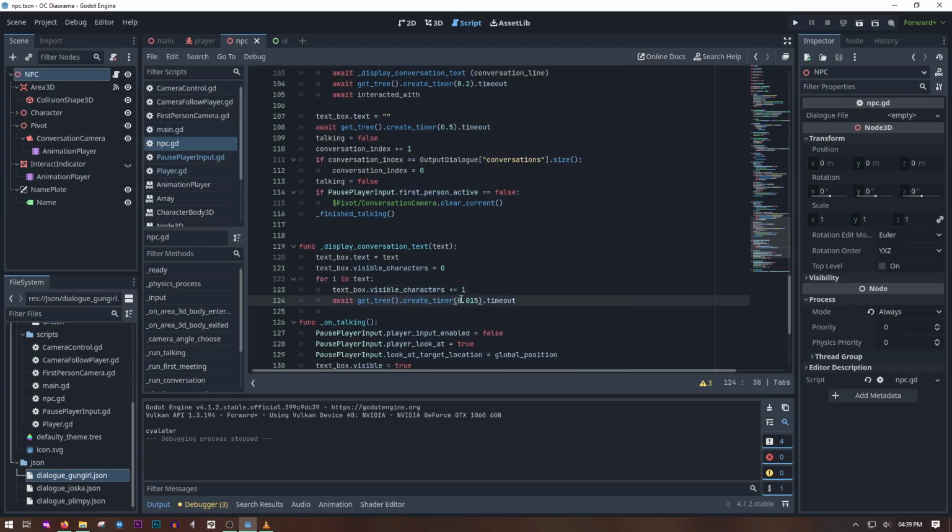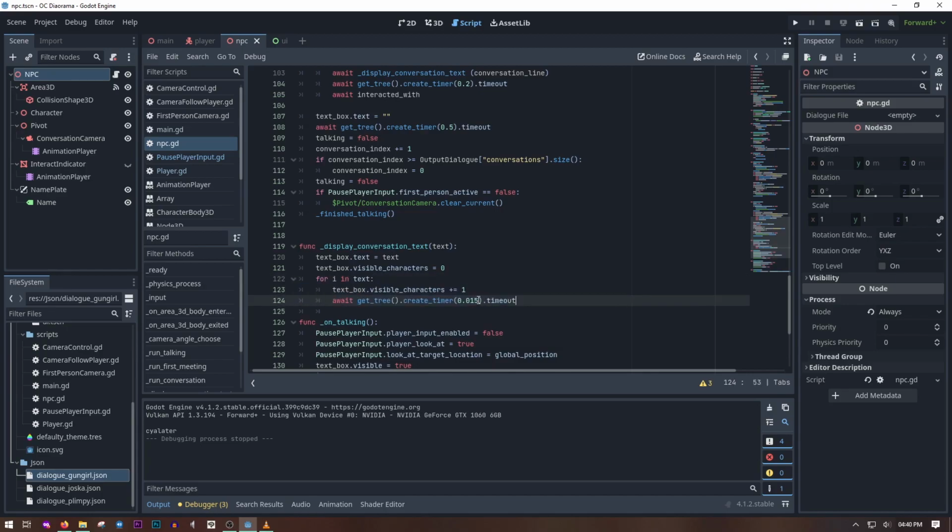We create a timer of 0.015, and then it times out, and then we do it again, and again and again until the characters are all visible, until it's over. That's what the loop is doing.